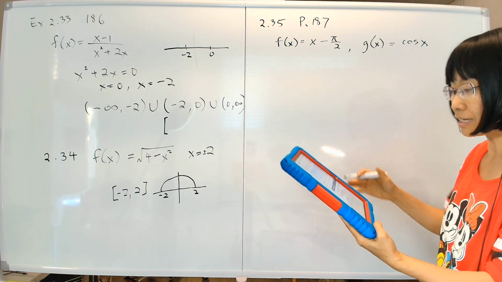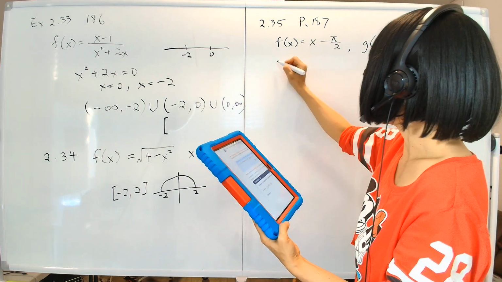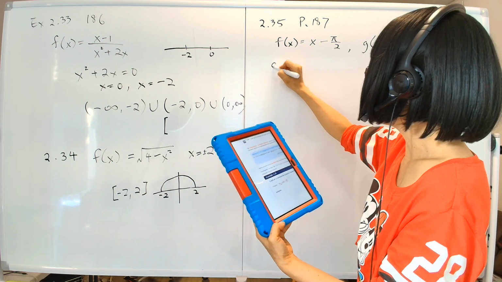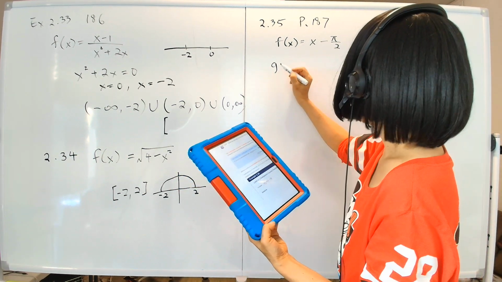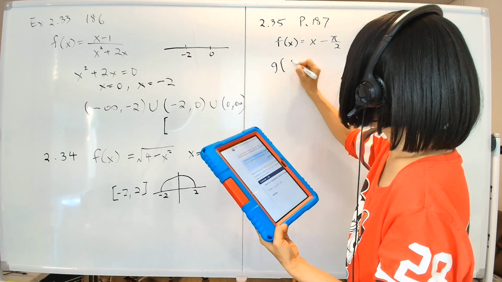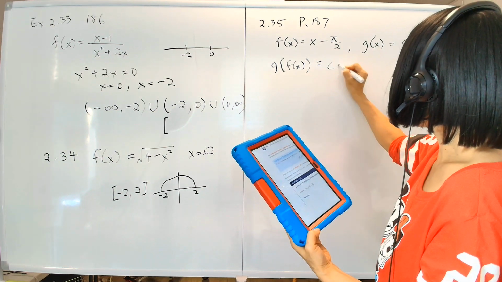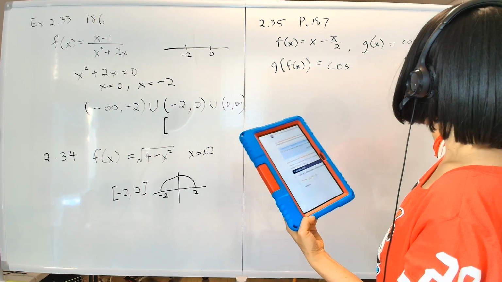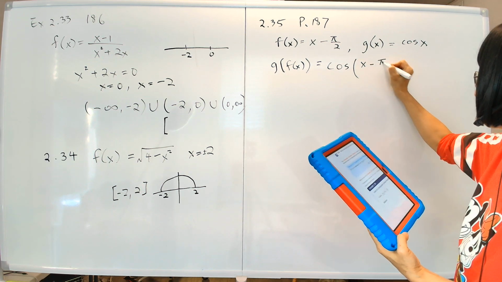So what is g of f of x? That gets you the whole thing this is talking about. The composite g of f of x equals cosine. You plug that in there, so it equals cosine of x minus pi over 2.